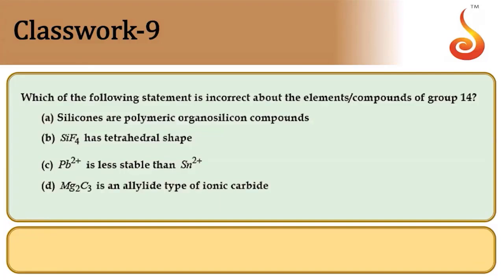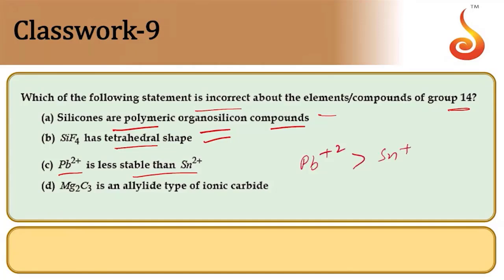Then the ninth one: which of the following statements is incorrect about elements of group 14? Silicones are polymeric organosilicon compounds, which is correct. Silicon tetrafluoride has a tetrahedral structure. Pb plus 2 less stable than Sn plus 2? Actually Pb plus 2 is more stable than Sn plus 2 because of the inert pair effect.